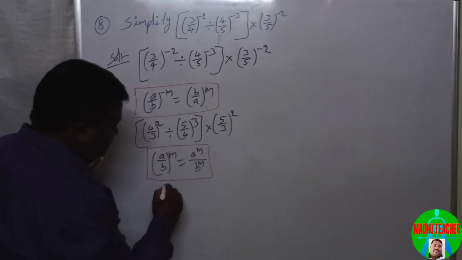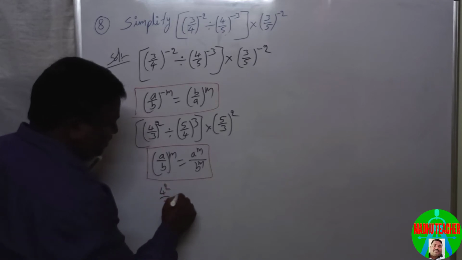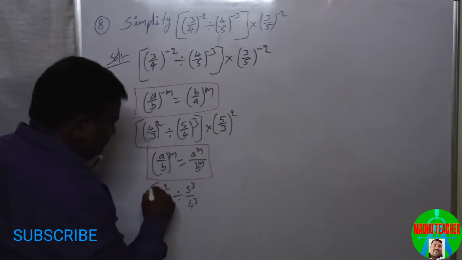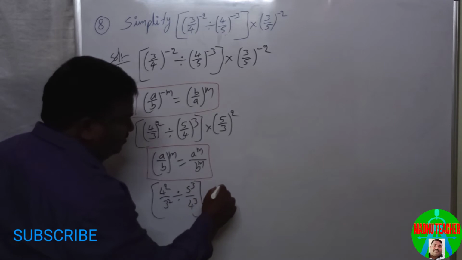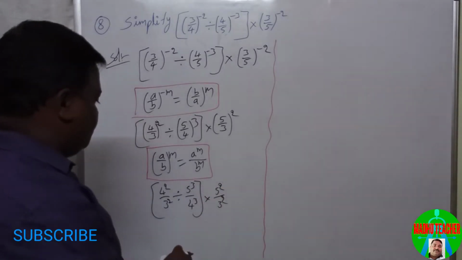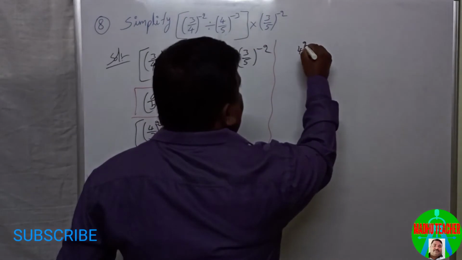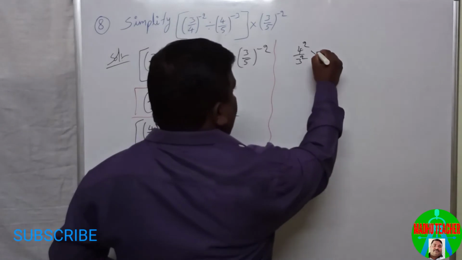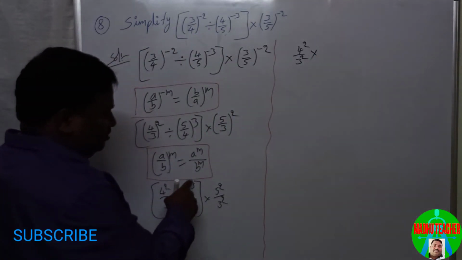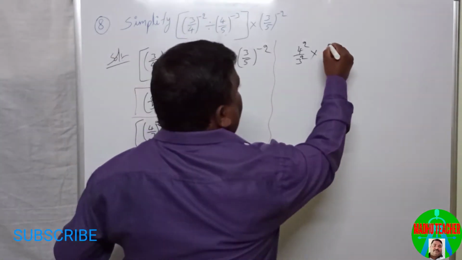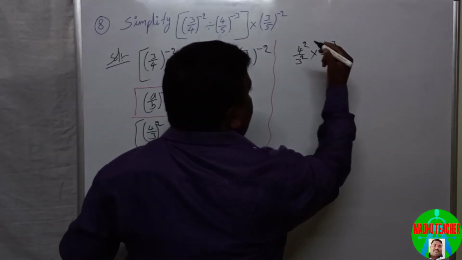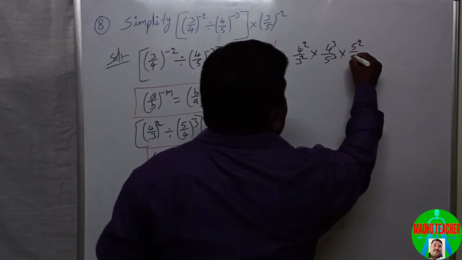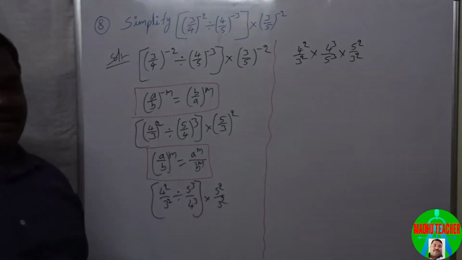This you can write as 4 square by 3 square divided by 5 to the power of 3 by 4 to the power of 3 into 5 square by 3 square. So here, 4 square by 3 square, this divided by 5 cube by 4 cube will become 4 cube by 5 cube into 5 square by 3 square.